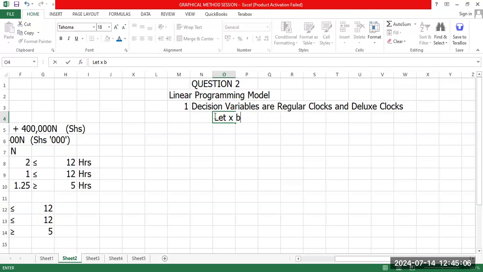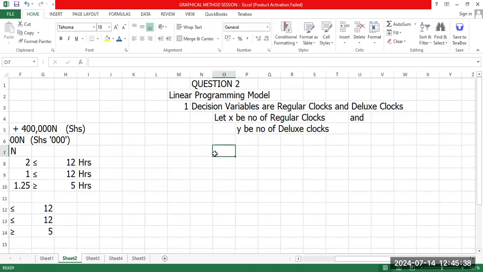Let x be the number of regular clocks, and also let y be the number of derivative clocks. You have identified and defined your decision variables.